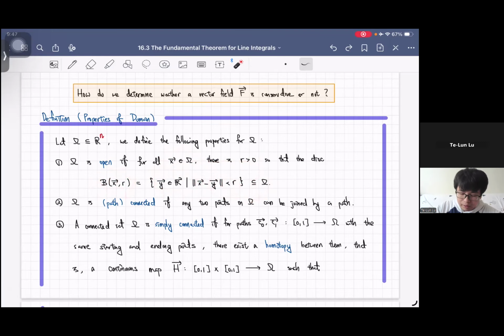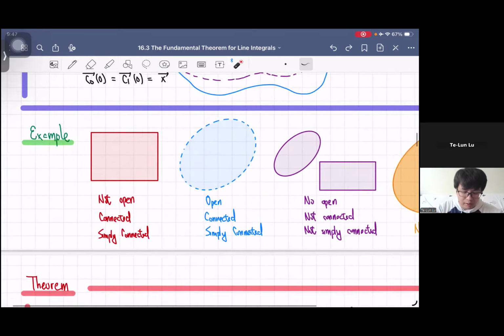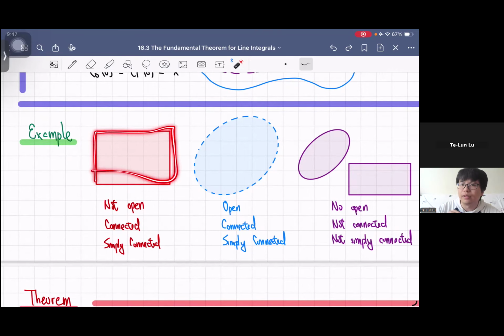So basically, an open set is one where whatever point you choose inside it, you can always have a ball small enough that is contained in omega itself. That seems like a natural property, right? So what sets are not open? For example, a closed set is not open.